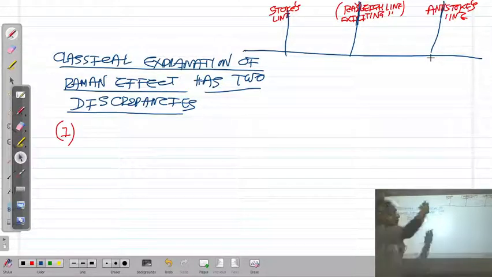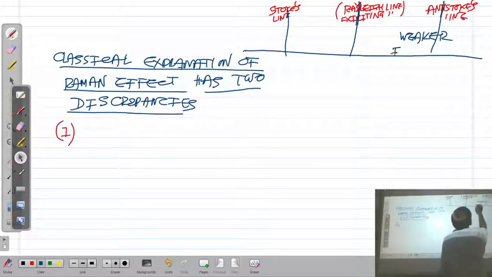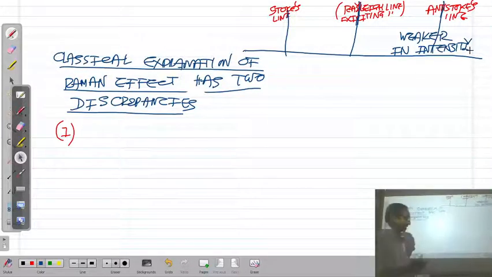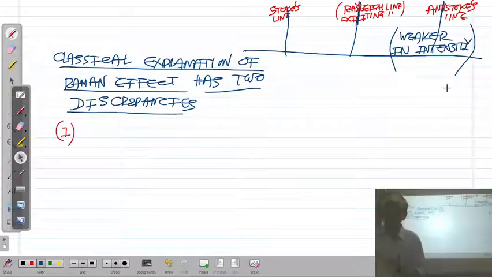But if you study the intensity of Stokes line and anti-Stokes line, it is observed that the anti-Stokes line is weaker in intensity. Actually, according to classical theory, the intensity of Stokes line and anti-Stokes line must be same.